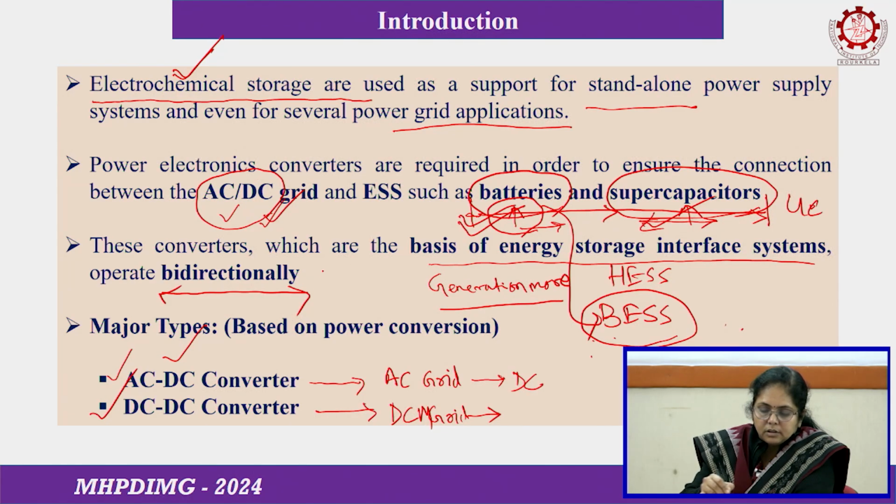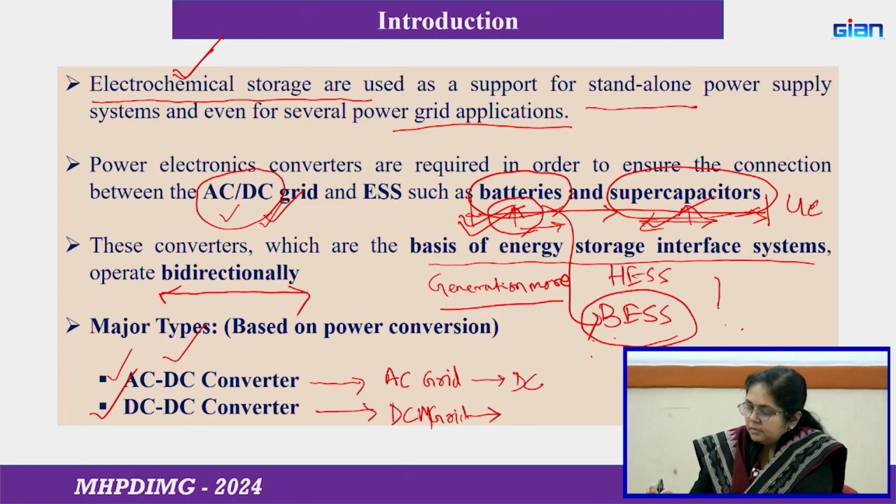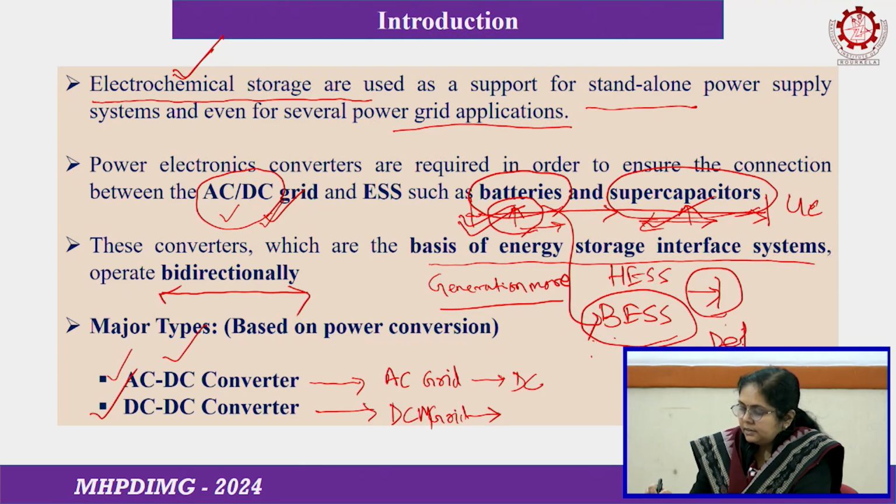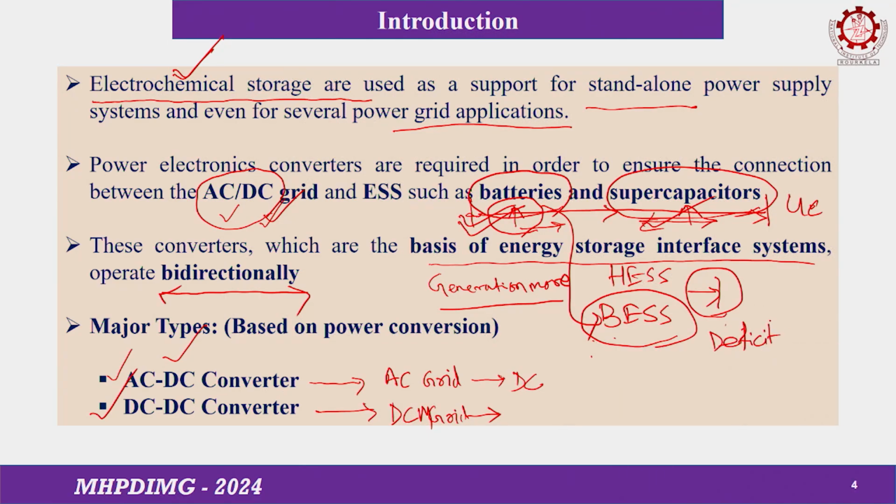So the energy storage system has to absorb or store the power, and when there is a deficit of energy from the supply and the load is more, the battery has to supply, or discharge.